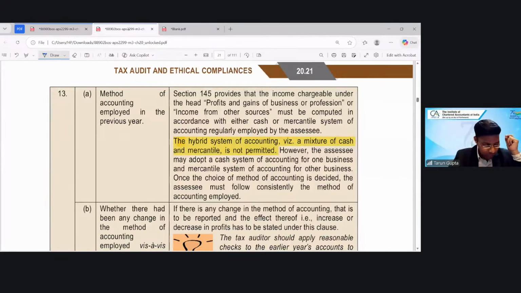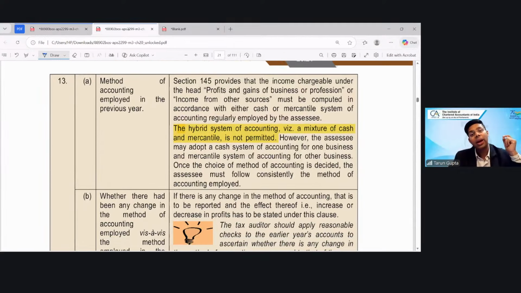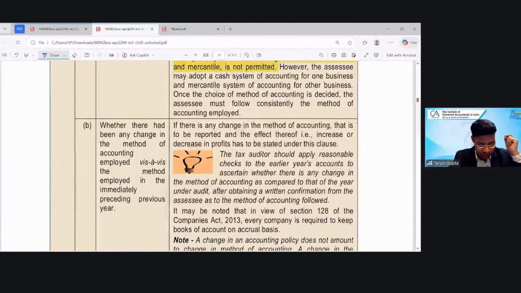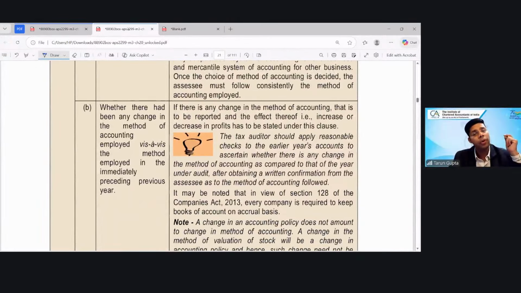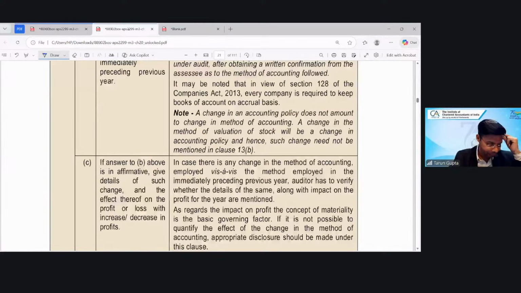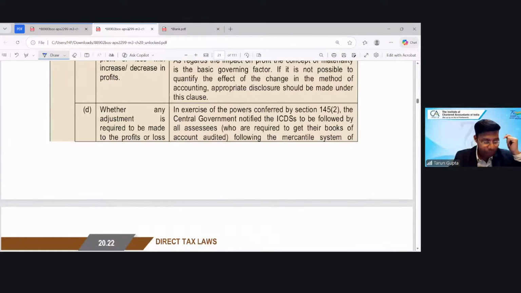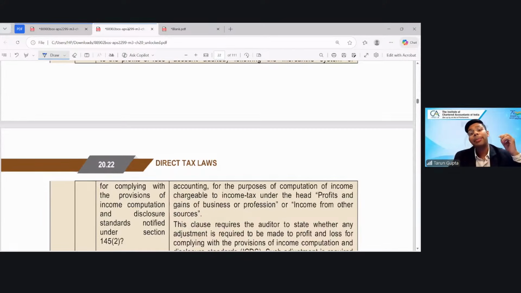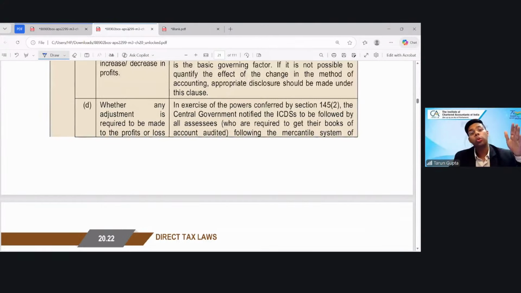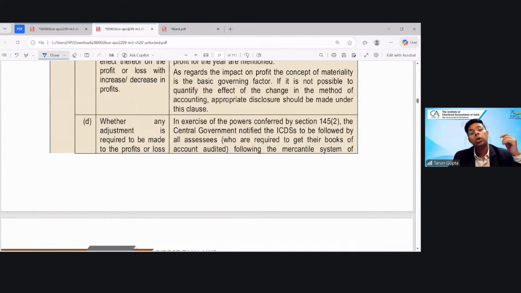If there's a change in the method of accounting, I have to state this fact and also provide the impact on profit due to this change. I also have to state the impact on the profit due to the ICDS.